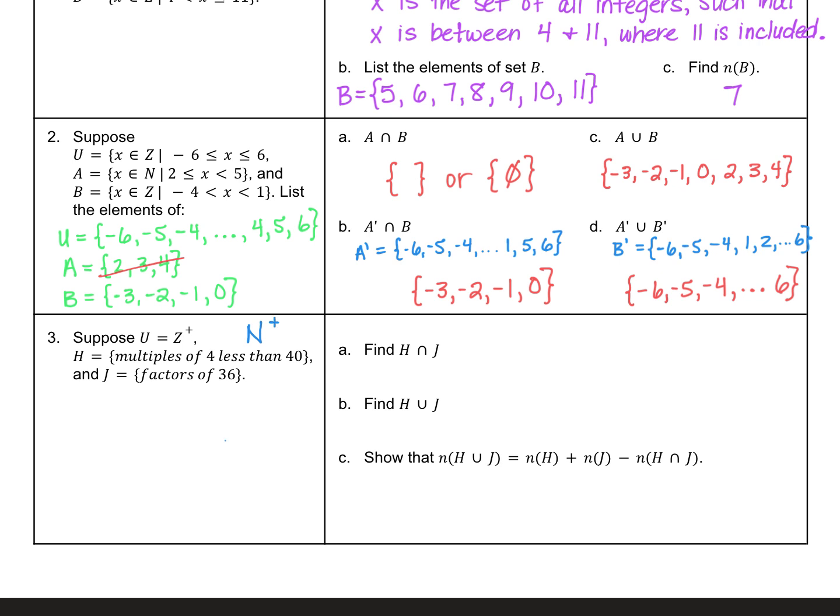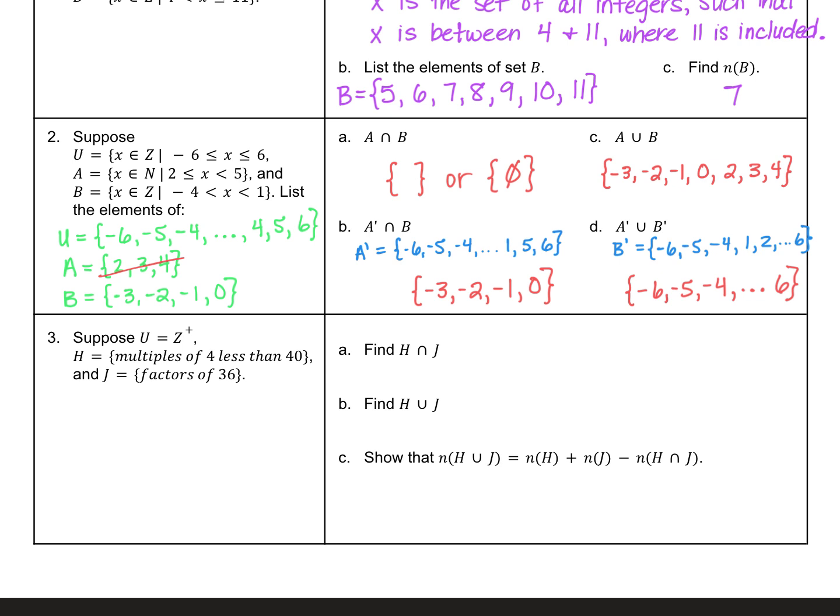If you see Z minus, that's the set of all negative integers. If you see real numbers with a plus, that means positive real numbers, and with a minus, negative real numbers, and so on and so forth. If you see a plus or a minus, that is just telling you that you're focusing on the positive numbers or the negative numbers in that set.